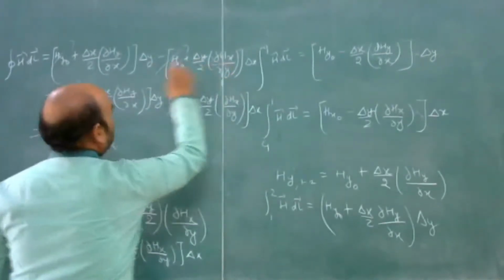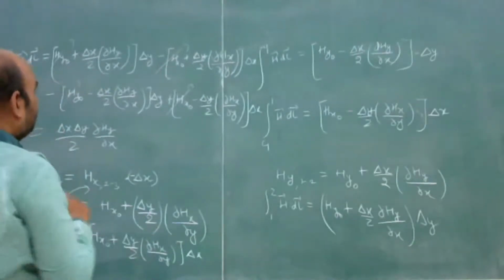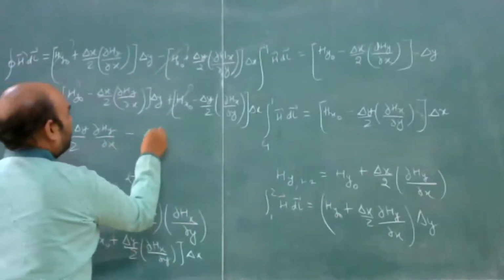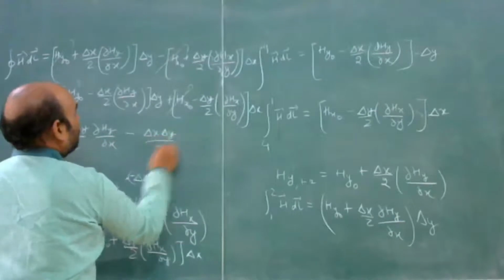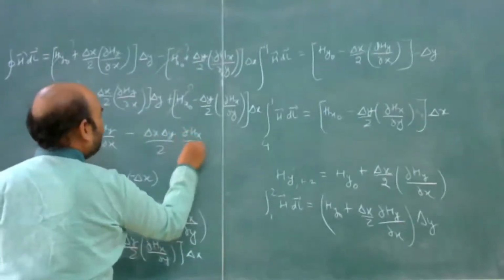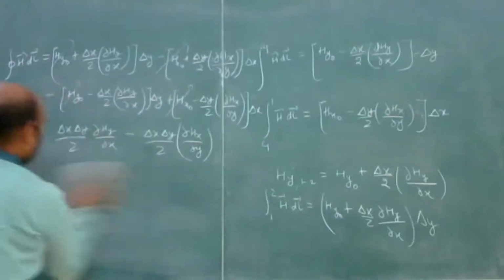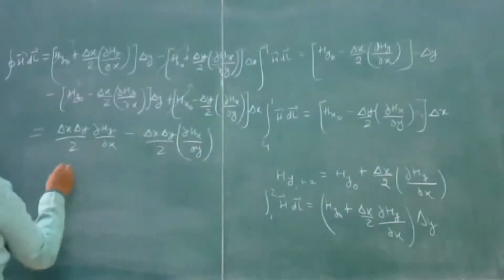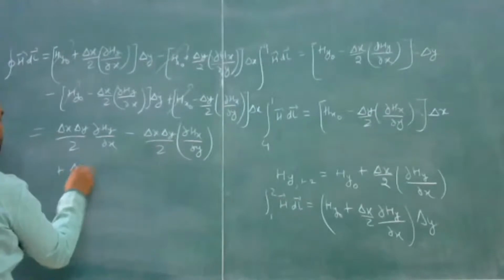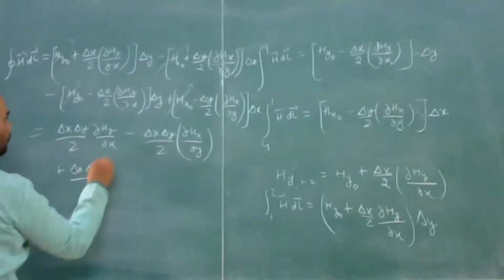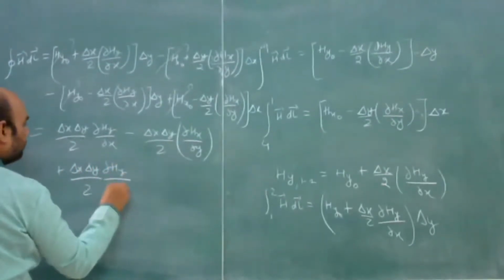And this is minus delta x delta y by 2 del Hx by del y. Okay, this is negative, so this will become plus delta x delta y by 2 del Hy by del x.